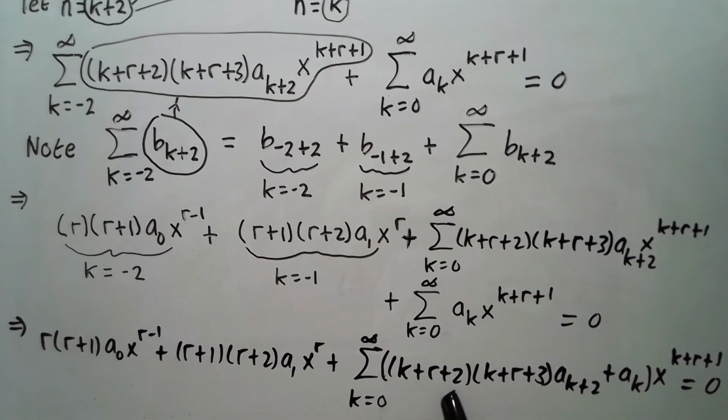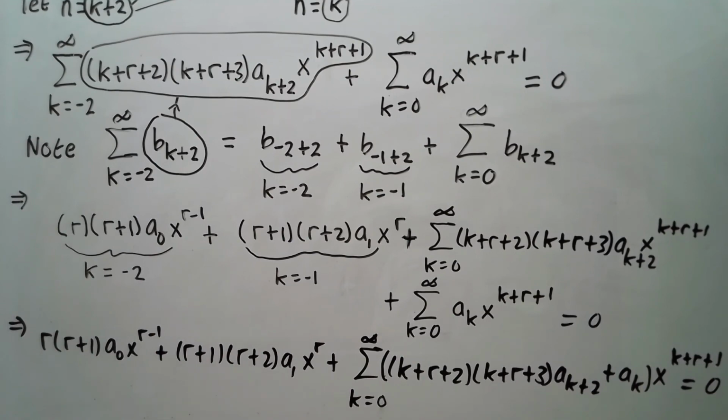So it'll be k plus r plus 2 times k plus r plus 3 times a of k plus 2 plus a k left here times your x power, and we still have our guys in front here. So this one comes down, this one comes down.